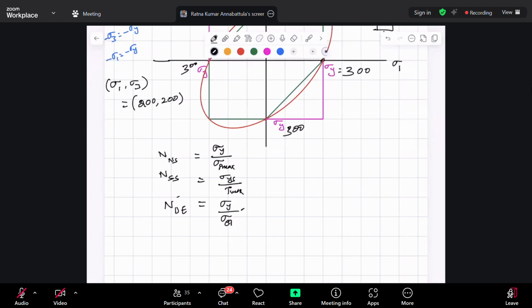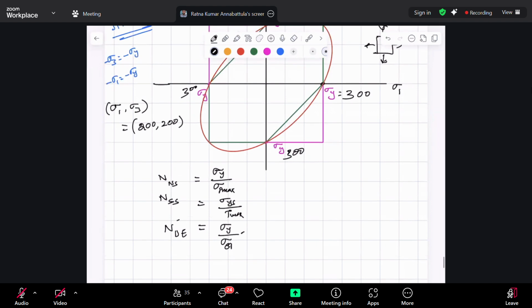Are there any questions there? There are no questions. Now, according to normal stress theory, what is the yield strength of the material? 300. What is the maximum principal stress? 200. So 1.5. That is the factor of safety. What is the shear yield strength? 150, because sigma ys is equal to sigma y by 2.